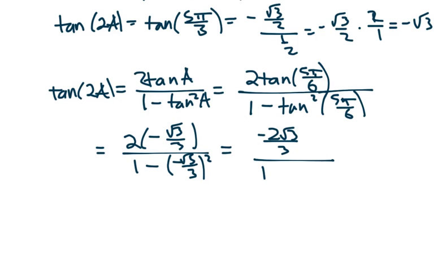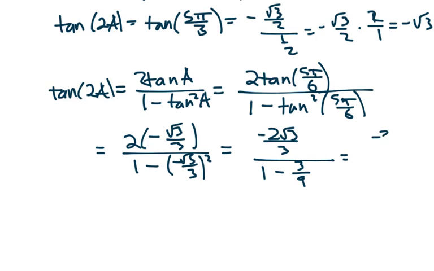And in the bottom, you also have a compound fraction. Radical 3 times radical 3 is 3. 3 times 3 is 9. So this is going to be 3 over 9. And because it's negative times negative, it's positive. So this is going to be 1 minus 3 over 9.